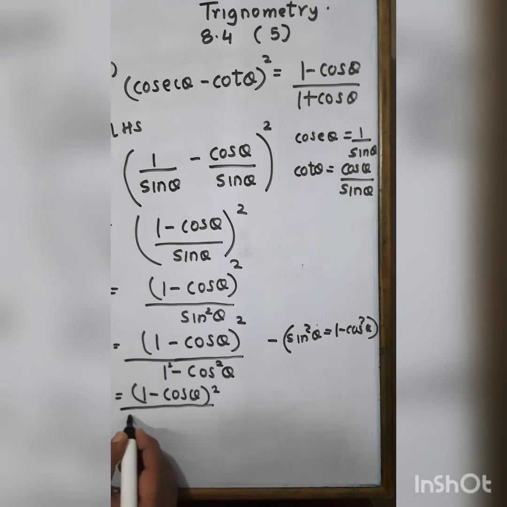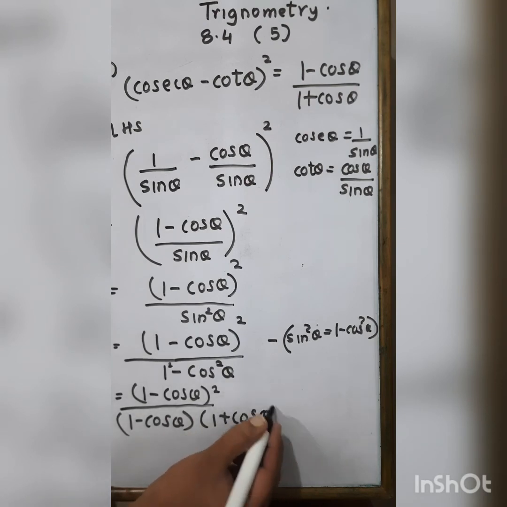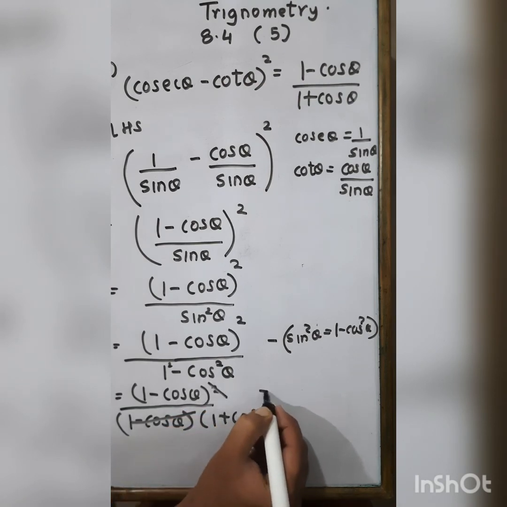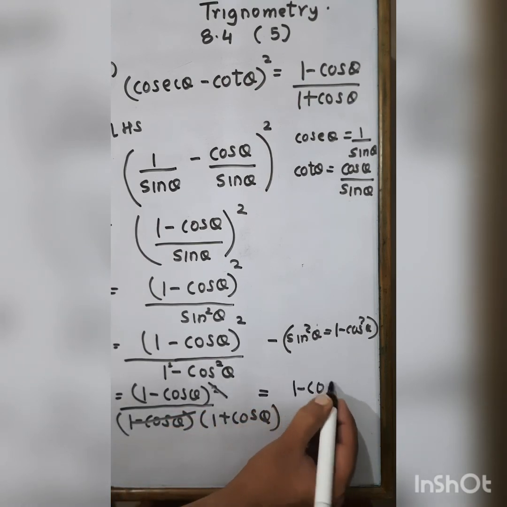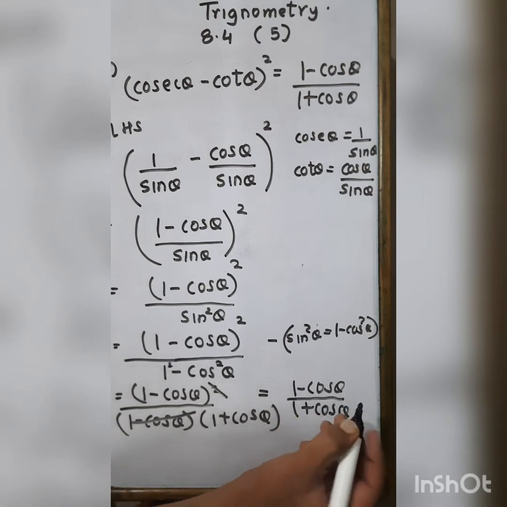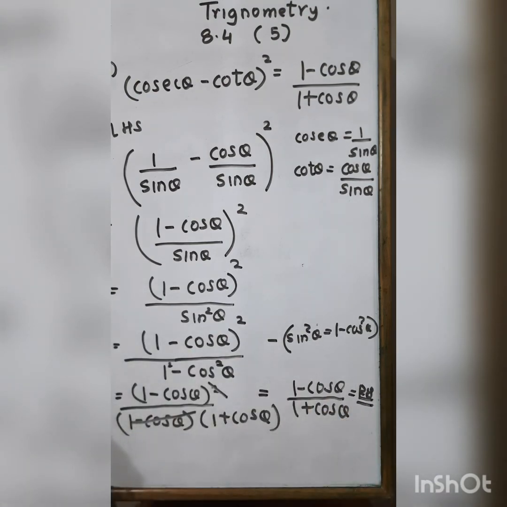I can write it as 1 minus cos theta into 1 plus cos theta, right? So 1 minus cos theta and 1 minus cos theta get cancelled. This becomes 1 minus cos theta upon 1 plus cos theta, which is your RHS, and hence proved. So left hand side is equal to right hand side, hence it is proved. Please note down this sum and you can see the video again.